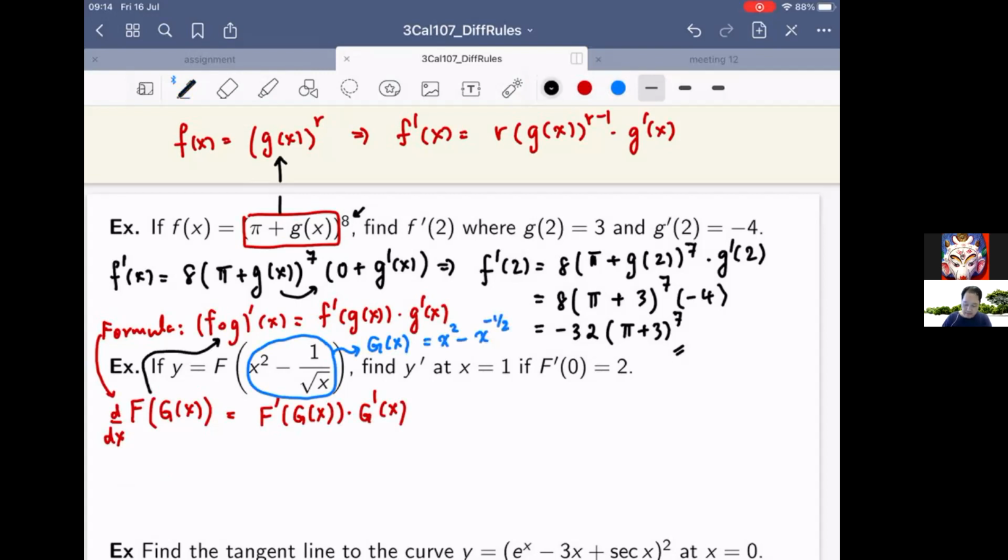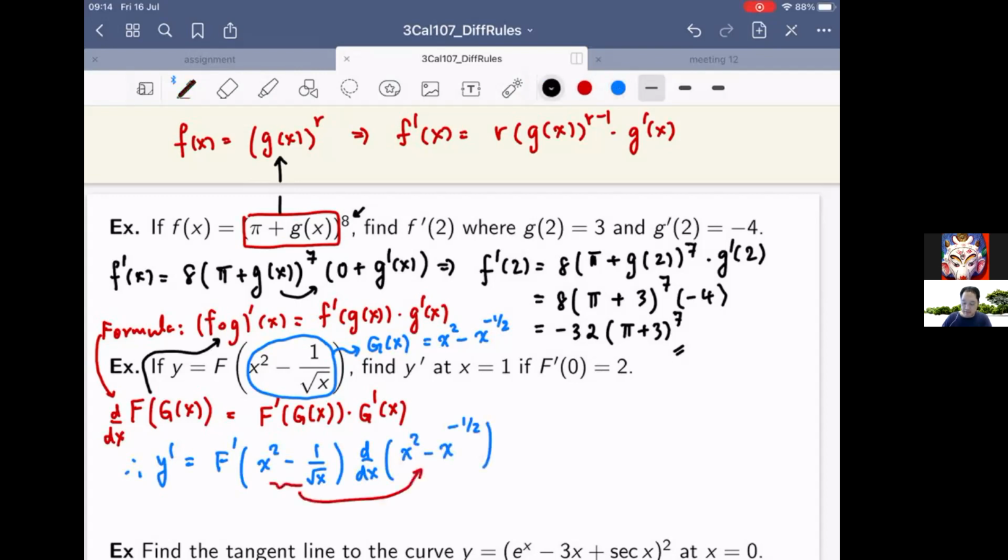So here, to find your y prime, using the formula, it will be f prime of g, and then the derivative of the one inside. So the task right now is moving to the derivative of this function.